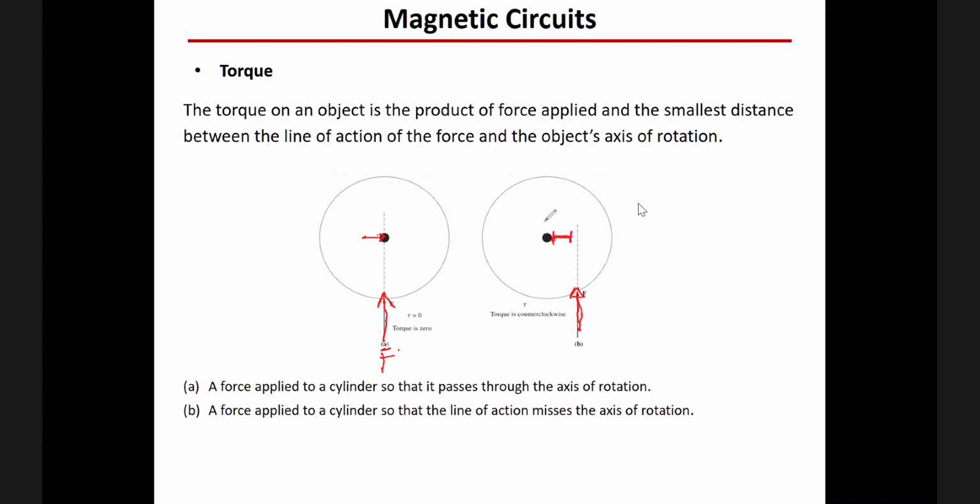More force, we expect more torque. It's a similar analogy to the electric circuit, where more voltage gives more electric power, or more current also gives you more electric power.